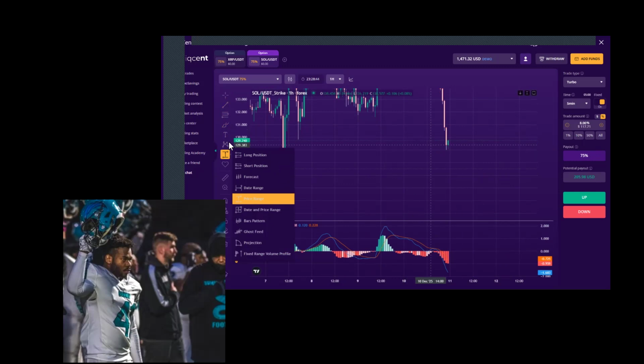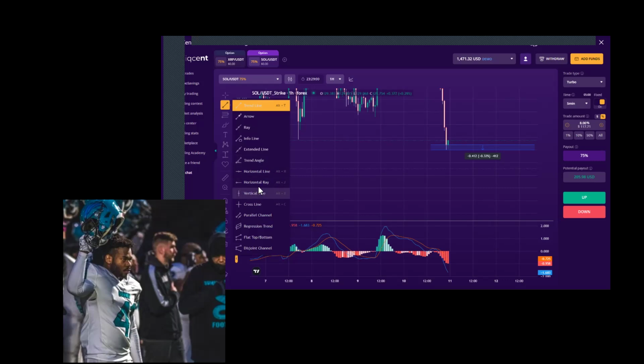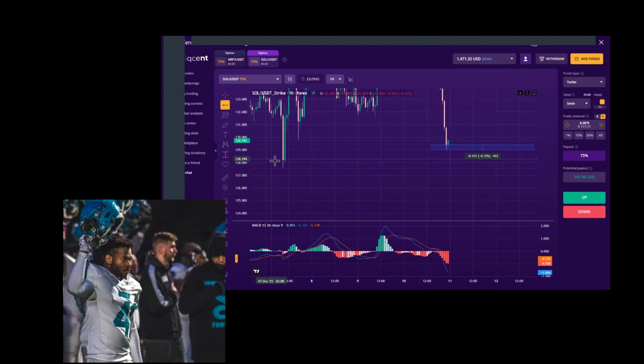But then at the same time, I'm gonna mark this with something a little different. Mark it with a ray and change the colors.